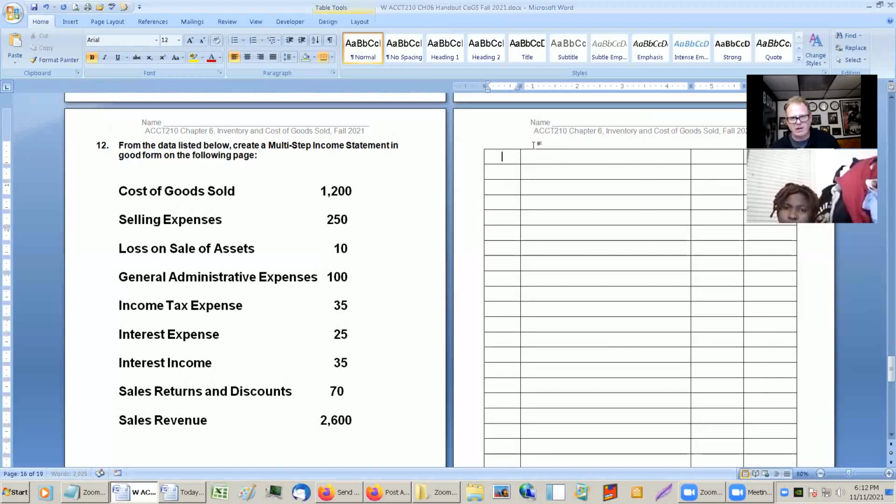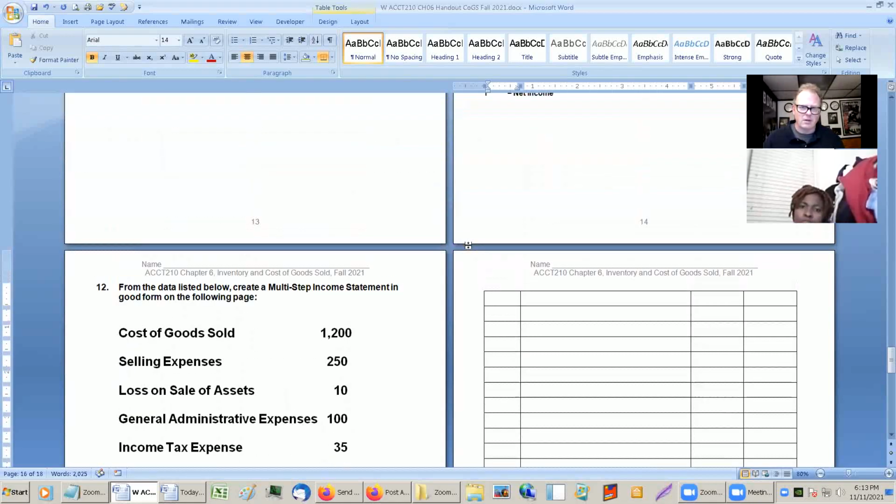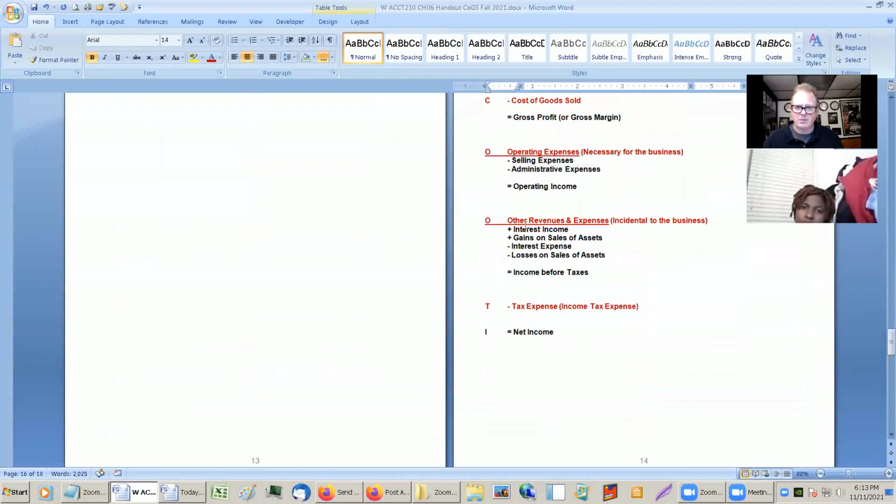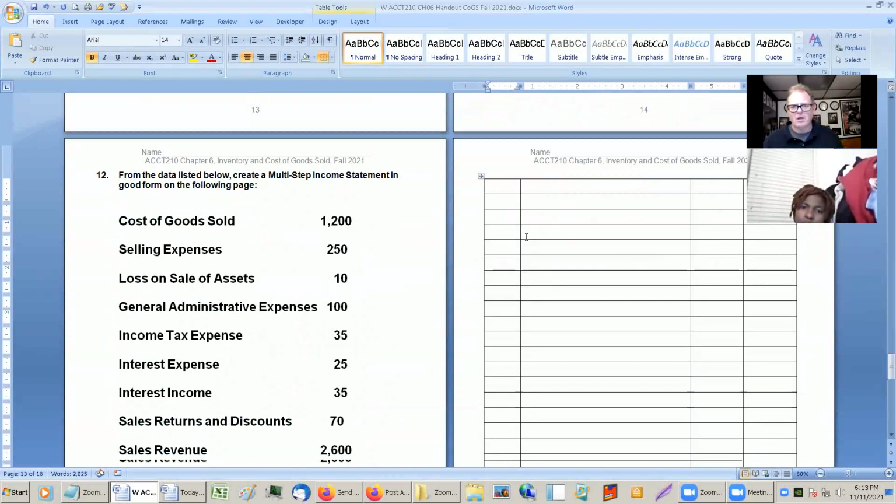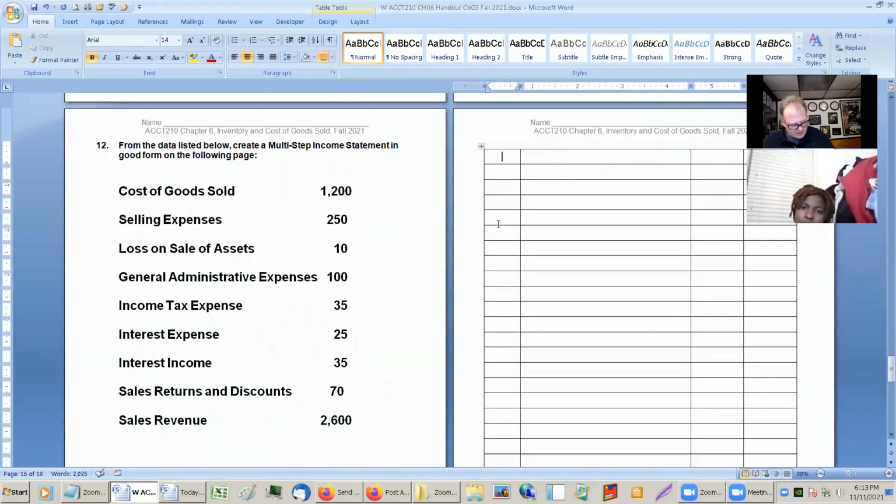Okay, so on page 12, on the following page, there is a space for this. Let's put these in. We're going to just go ahead and put it in down here. Okay, so we start out with our S, which is our sales. And what do we have for sales?